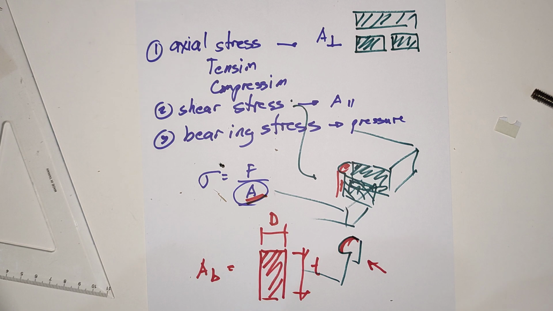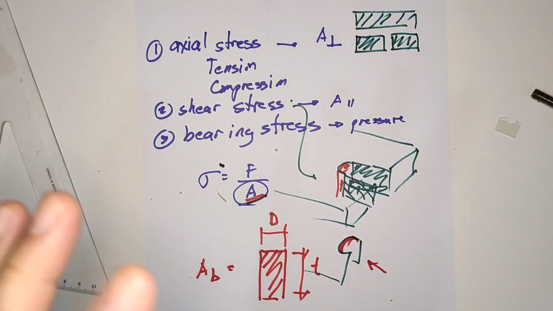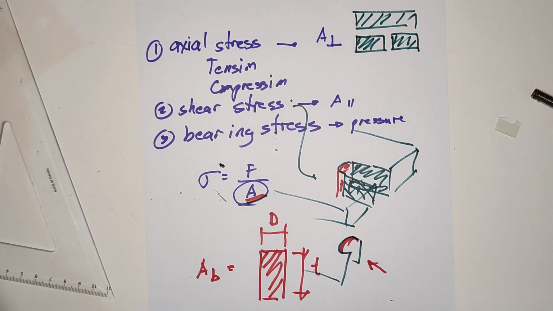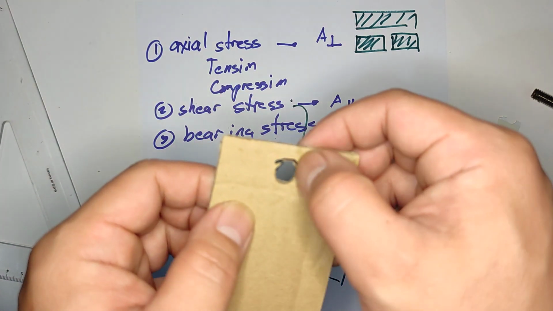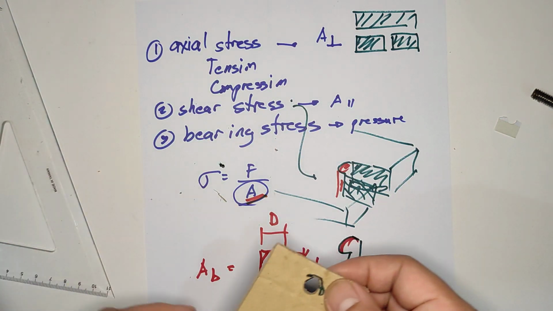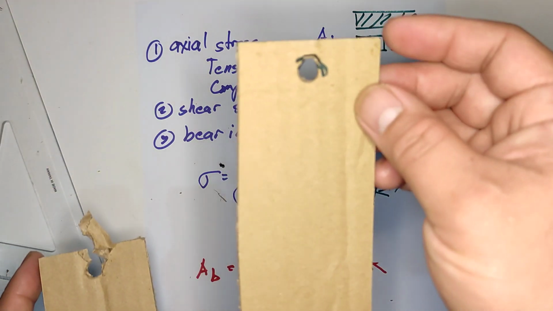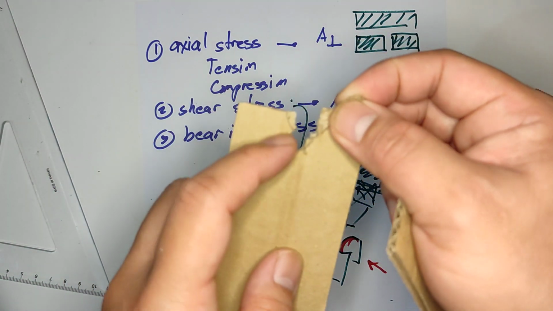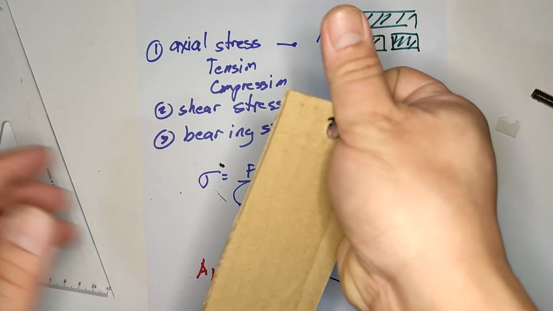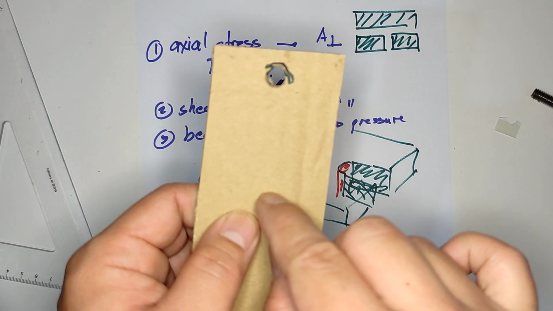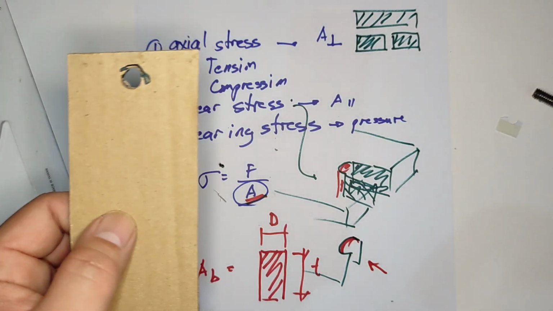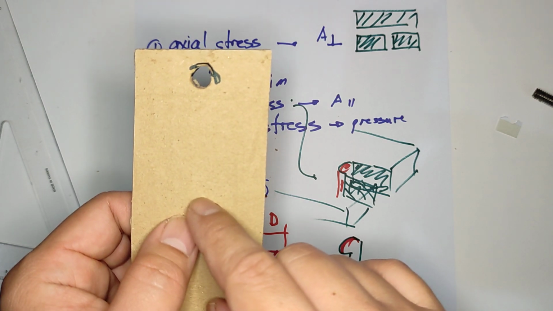Now, the failure will depend on the weakest material or area. If you have a uniform area, as shown earlier, in this case the weakest is the shear. But if we have a hole at the middle, it could be the weakest is the bearing.